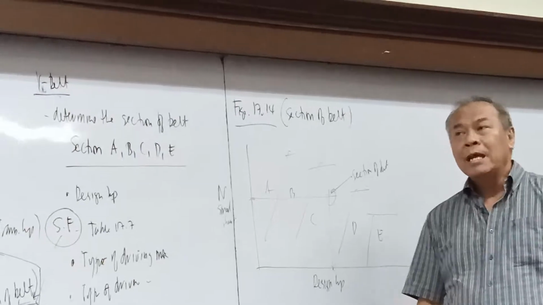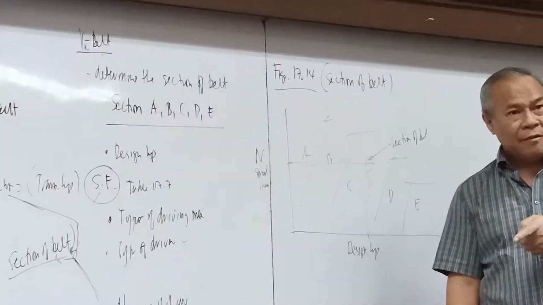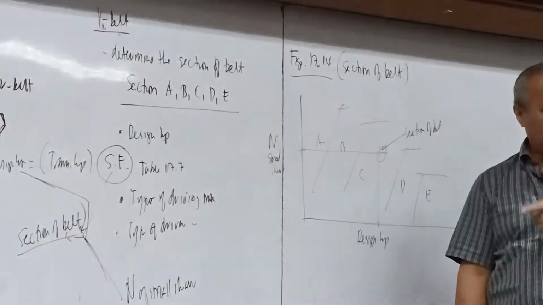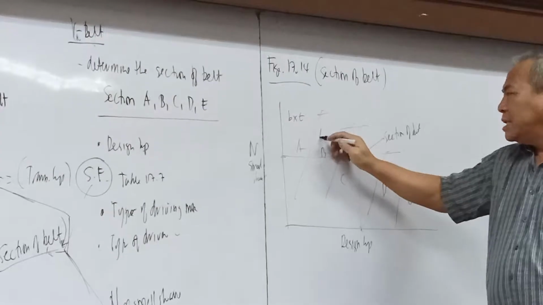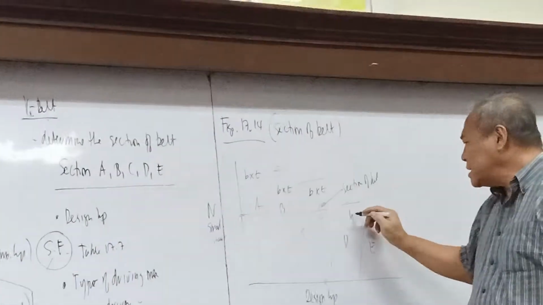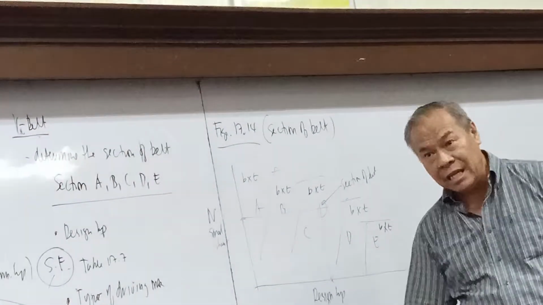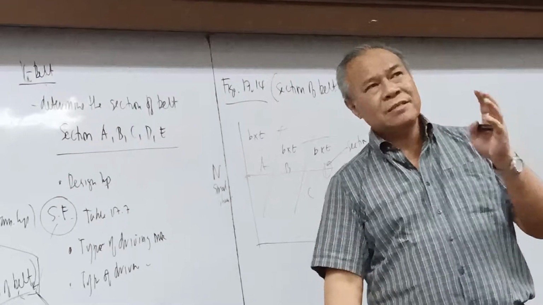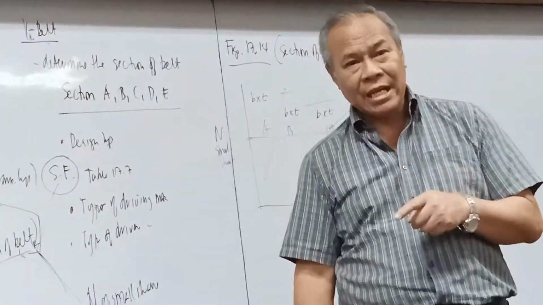Okay? Now, you will notice also from that graph, okay, for each section of the belt, there is corresponding value of width and thickness. Standard na, given na to. Okay? So, meron siyang standard width and thickness na given. Okay? Palagay natin, if you are using now a section C V-belt, ano yung width and thickness niya?